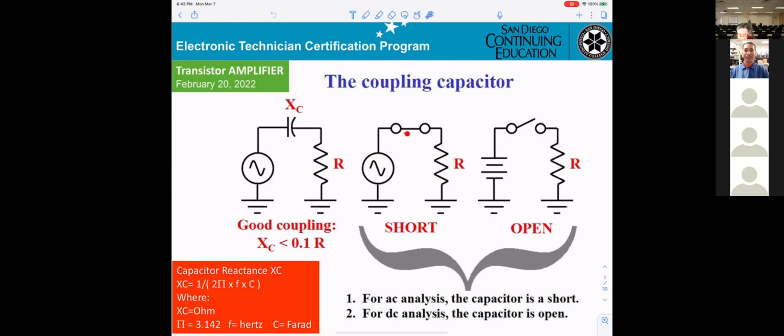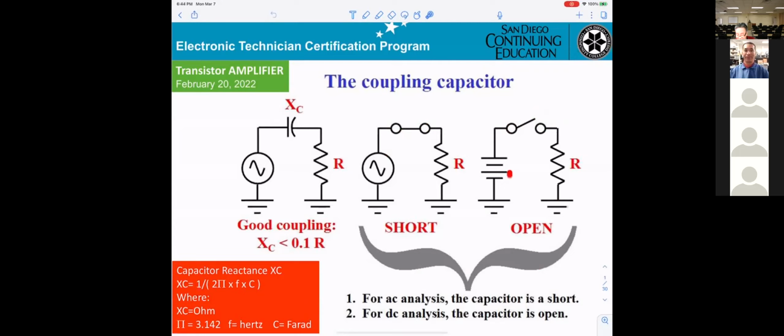Capacitor for AC, they are shorted. So that's why in AC circuitry, you never see this capacitor. They are shorted just like a wire. However, for the DC circuitry, when the capacitor is fully charged, it will be open. That's telling you one thing: capacitor in AC allows current to flow.